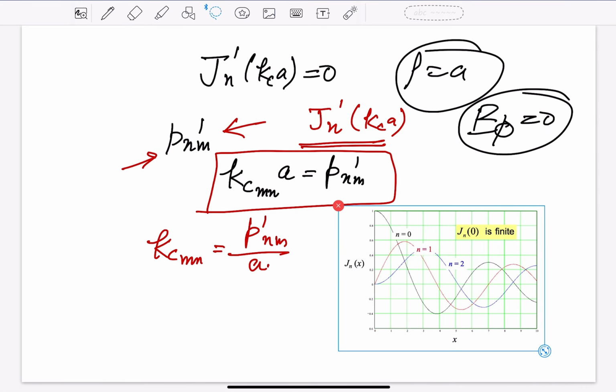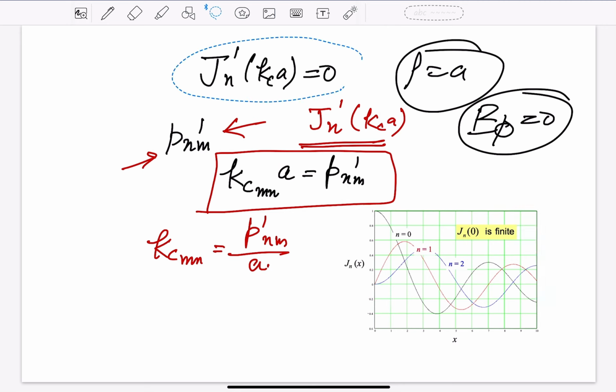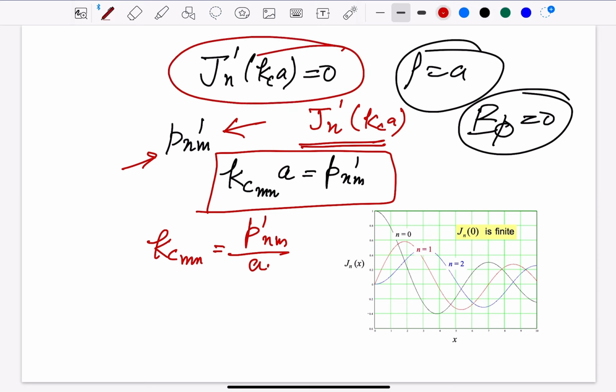So what we are supposed to do is make this Jn prime KCA equal to 0. If you are taking, let's say, n is equal to 1, you will find one 0 here, one 0 here, and for n is equal to 2, one 0 here and one 0 here.